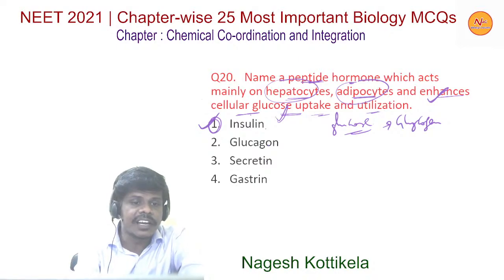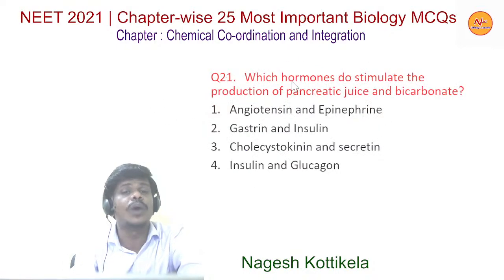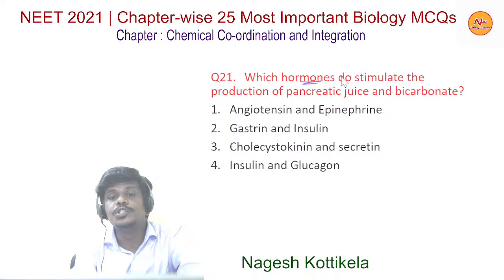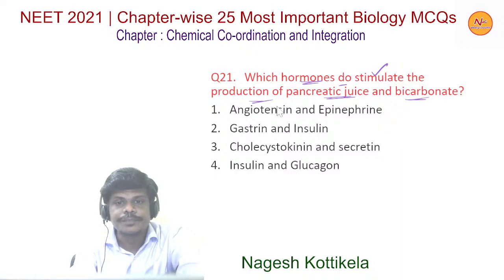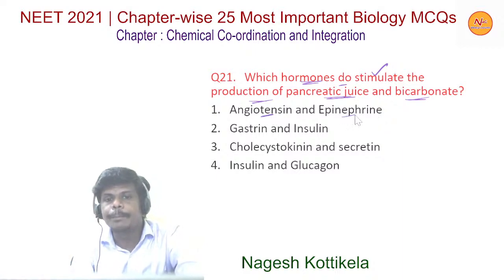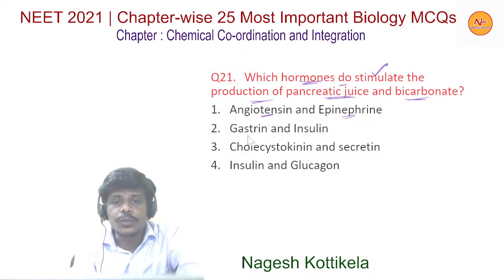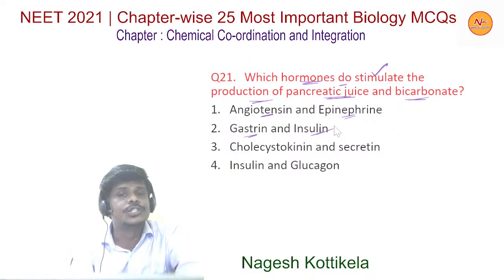Now moving to the next question, question number 21. Which hormones do stimulate the production of pancreatic juice and bicarbonate ions? Option 1, angiotensin and epinephrine. Option 2, gastrin and insulin.